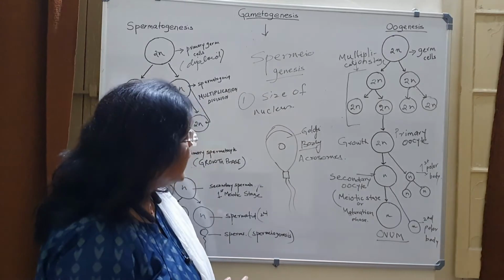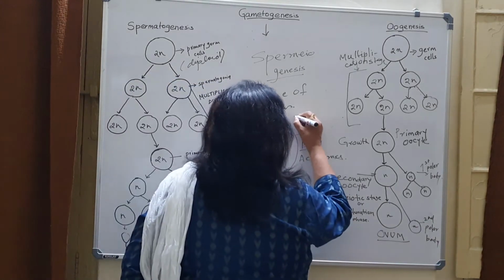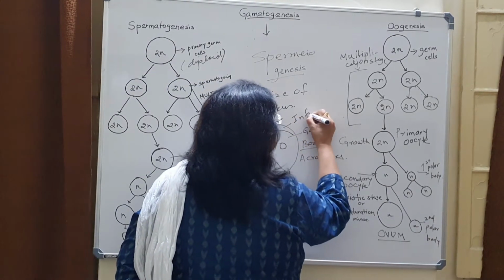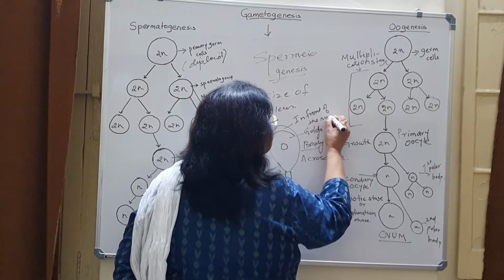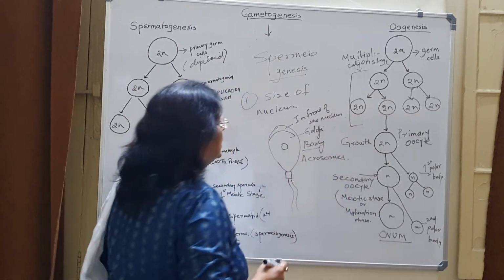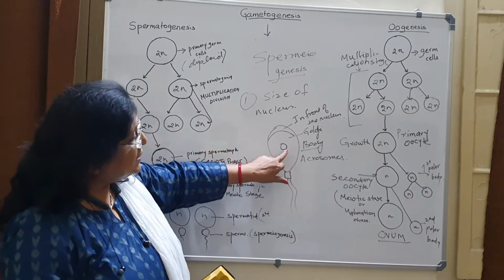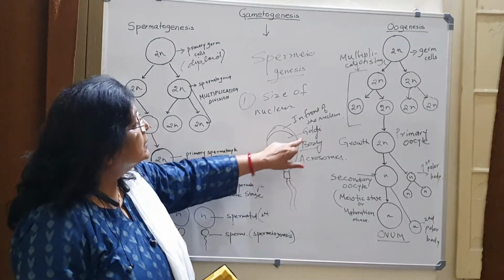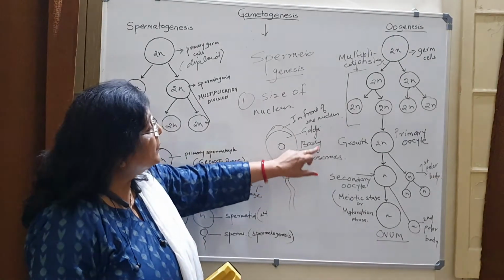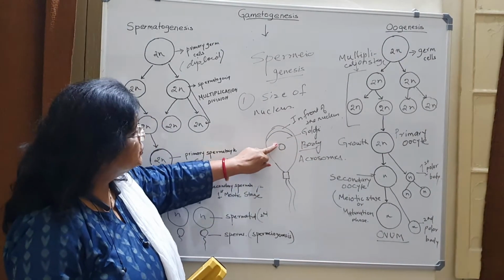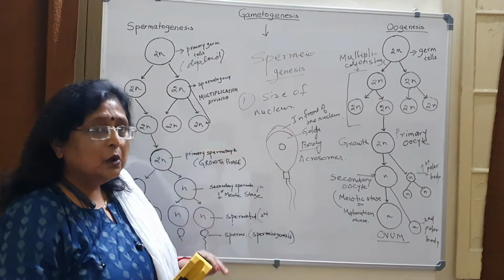So this acrosome is present in front of the nucleus. So we can see the nucleus is reduced, the Golgi body gets converted into acrosome, it becomes a cap-like structure and is situated in front of the nucleus.